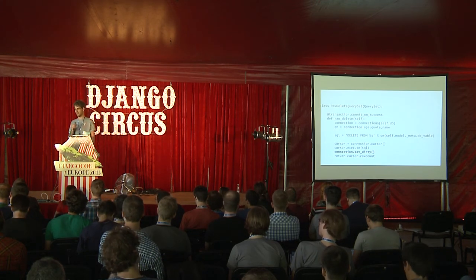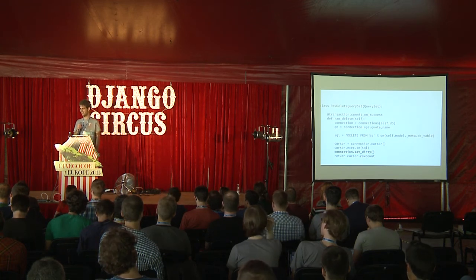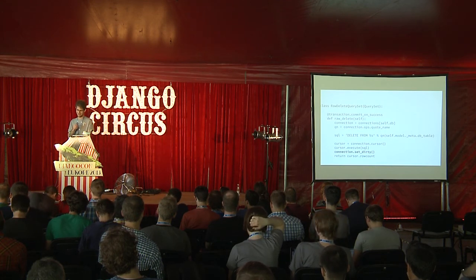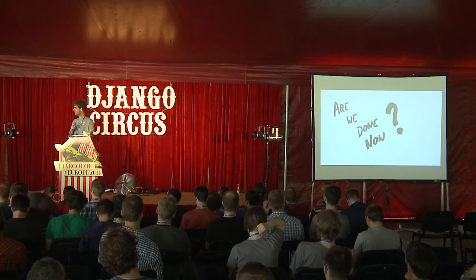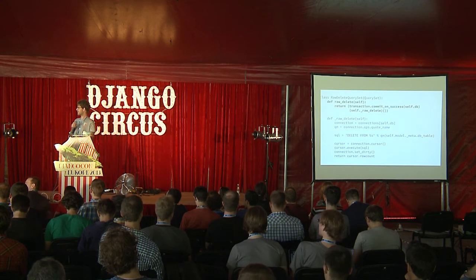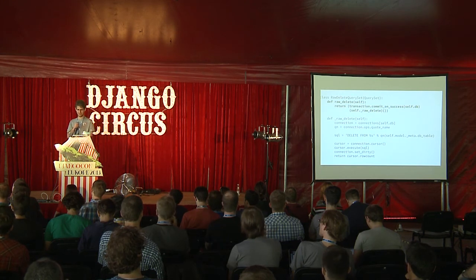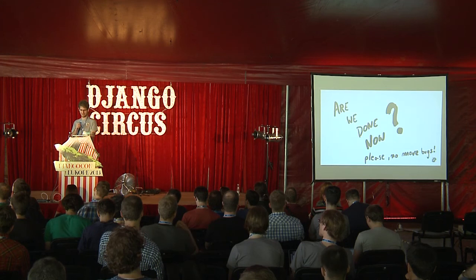It wouldn't commit the transaction. There would be a rollback because it would think that we didn't do anything. And there is the transaction commit on success, which I told you about. So that was 3 things.